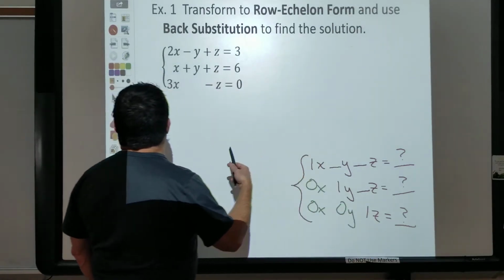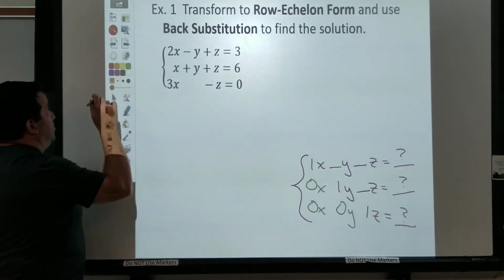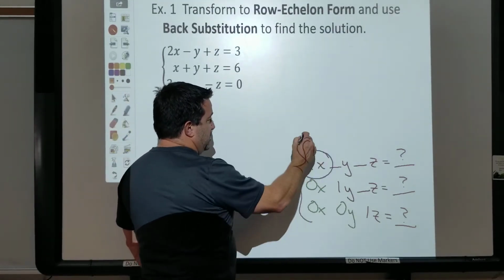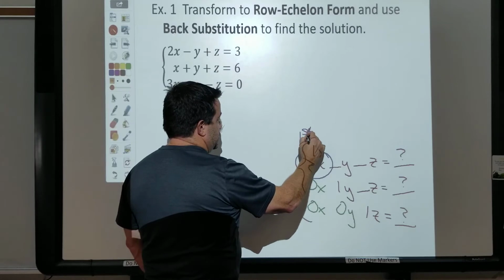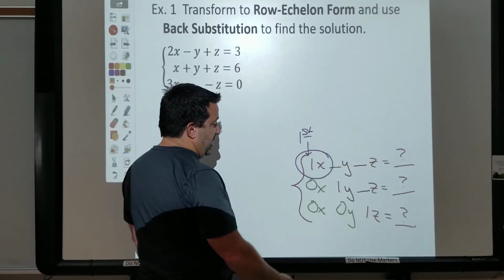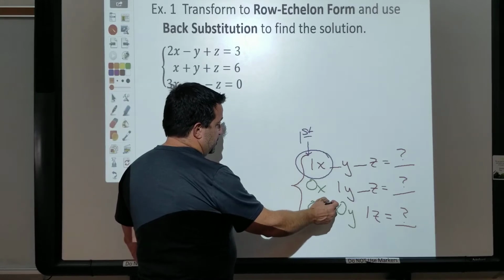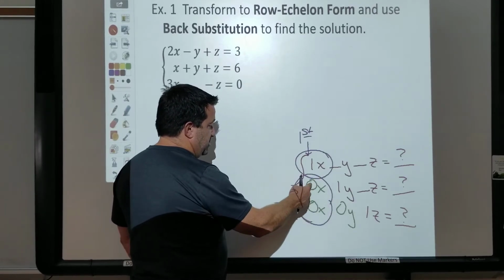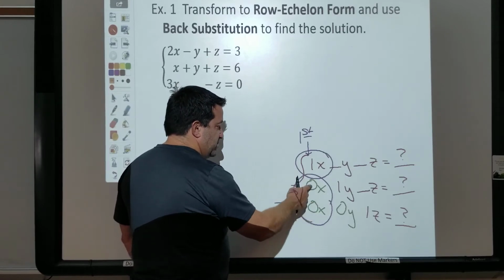So there's a process to this. Essentially what I do is I focus on getting this 1x. That's the first step, I try to get this 1x into place. My second step is I will then try to eliminate this x and eliminate this x.